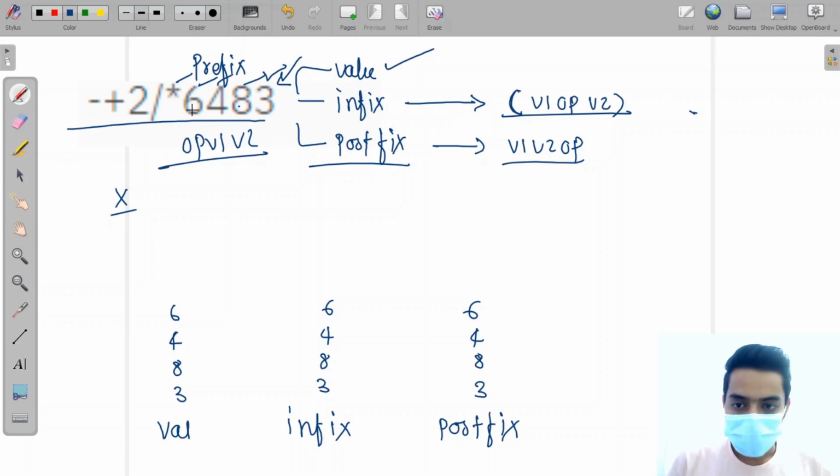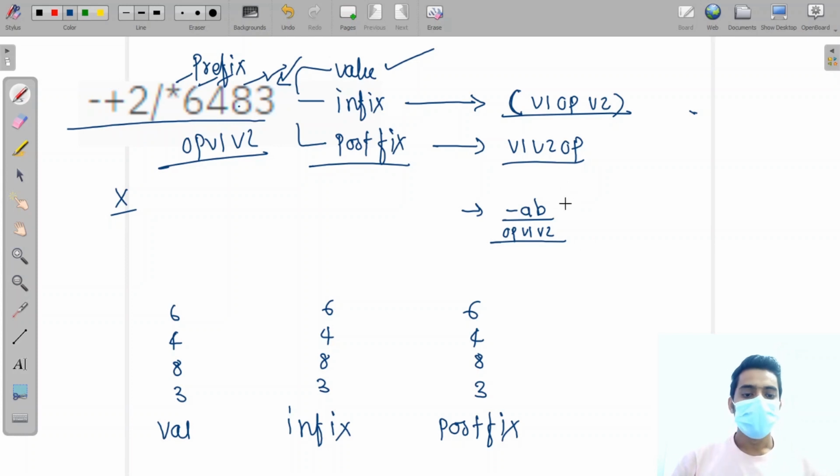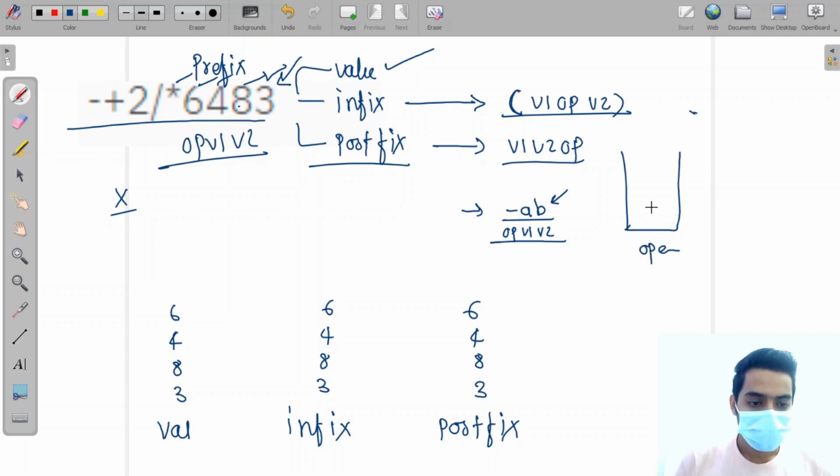So if the prefix expression is minus a b, this is operator, v1 and v2. For solving this expression we are traversing from right to left. For example, this is an operand stack. B appears, b will be pushed into the operand stack and this is value 2. A appears, a is pushed into the stack and this is value 1. Minus appears, so the operator appears here.